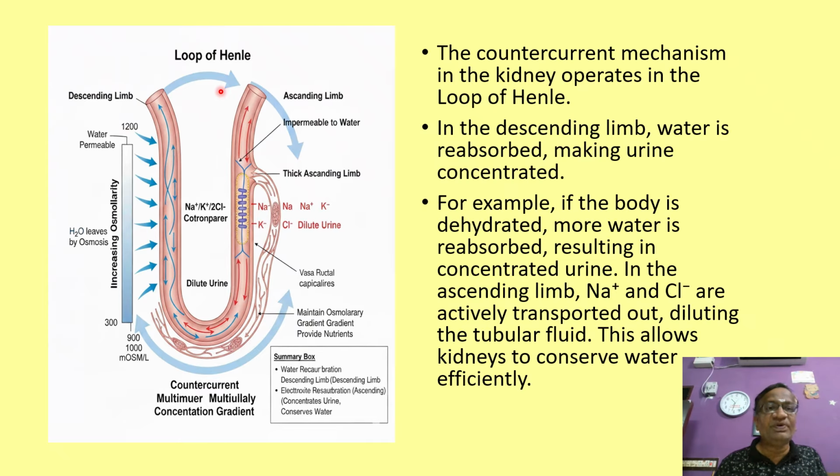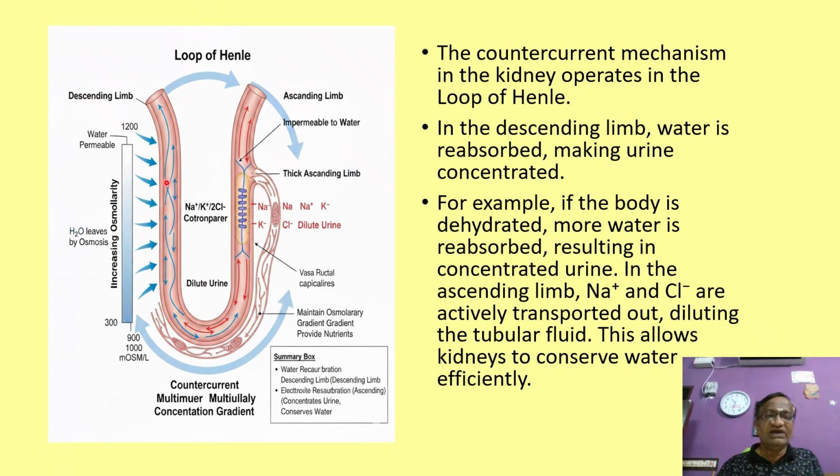What is the function of the loop of Henle? It dilutes and concentrates urine. The countercurrent mechanism operates. Now you see this is the descending limb of the loop of Henle. Water is reabsorbed. Urine is concentrated. If the body is dehydrated, more water is reabsorbed, resulting in a concentrated urine.